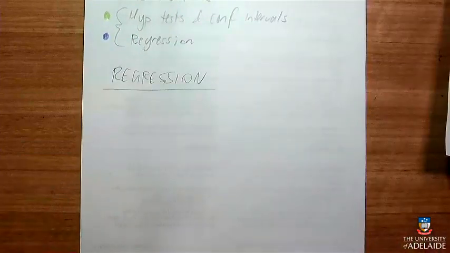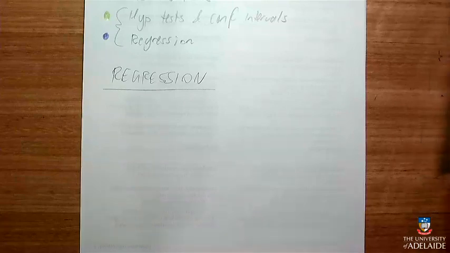Right. Well, every statistical procedure is designed to answer a certain kind of question. Sometimes multiple questions simultaneously. So we want to figure out what questions regression answers. And we also need to talk about what kind of variables are involved.